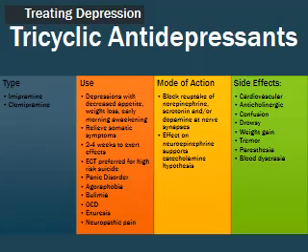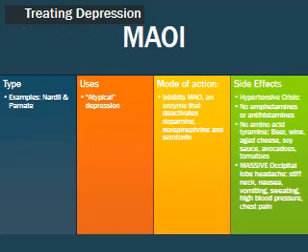This fits in with the catecholamine hypothesis, which says that norepinephrine deficiency is part of depression. The side effects are cardiotoxicity and severe hypotension, which is a drop in blood pressure. Overdose can be lethal, so that's a major downside if you have a suicidal patient.